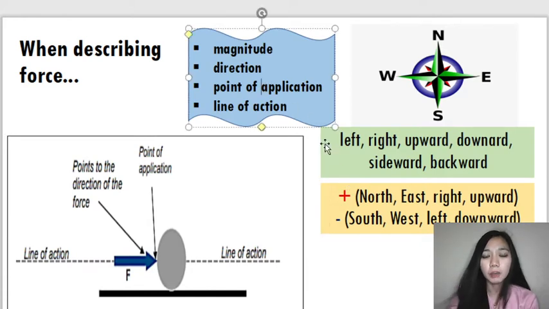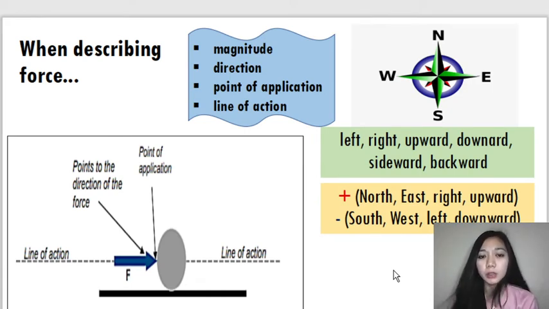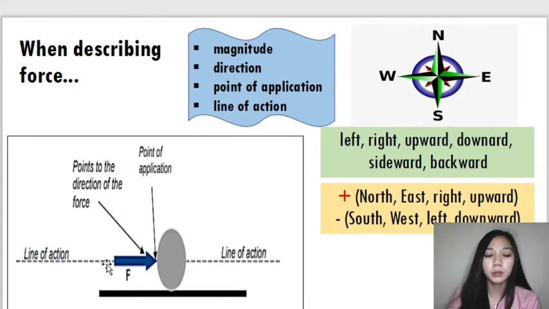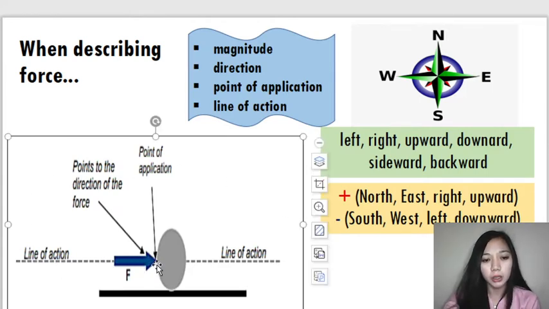Next, point of application. When we say point of application, ito yung point or area wherein you apply the force to the object. So dito, nung nag-apply tayo ng force, let us say, dito sa part ng object na to, natin in-apply yung force. So ito yung point of application.